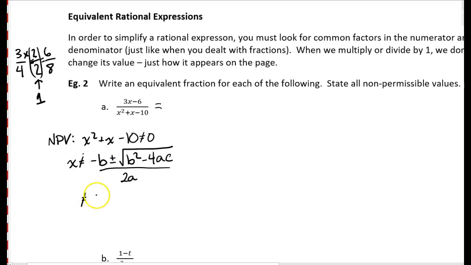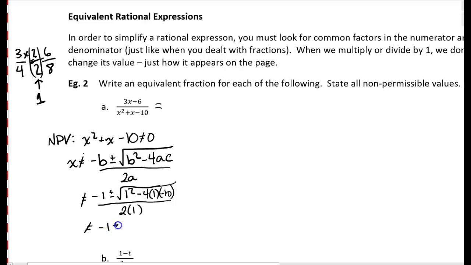So when I plug in, I've got -1 plus or minus the square root of 1 squared minus 4 times 1 times -10, all divided by 2 times 1, which gives me a final answer of 41 under there.